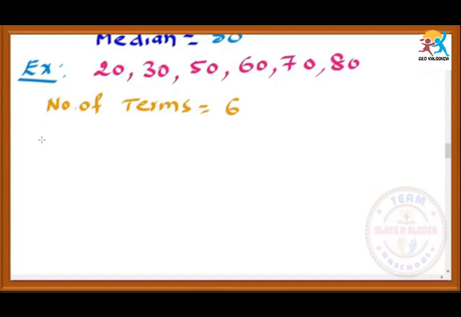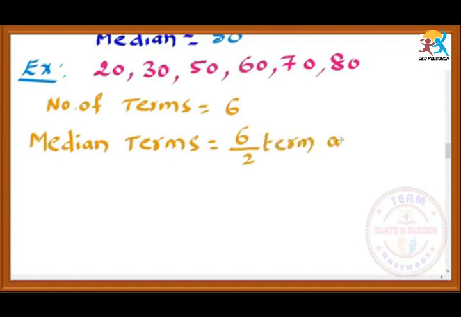So what should we do? We can halve 6, so we find the median terms: the 6 by 2 term and the 6 by 2 plus 1 term. That means 6 by 2 is the third term.